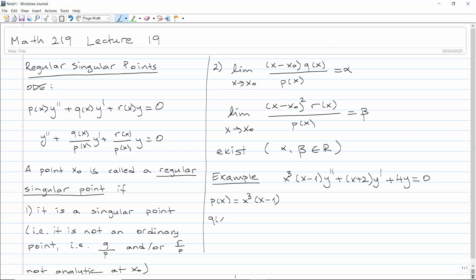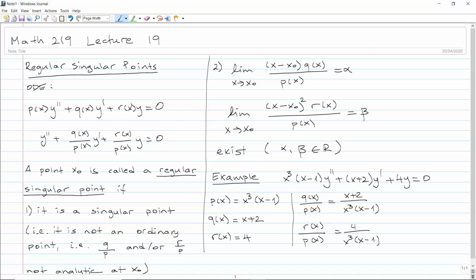The function q(x) is x plus 2. And the function r(x) is the constant 4. So q over p is (x plus 2) over x cubed (x minus 1). And r over p is 4 over x cubed (x minus 1).